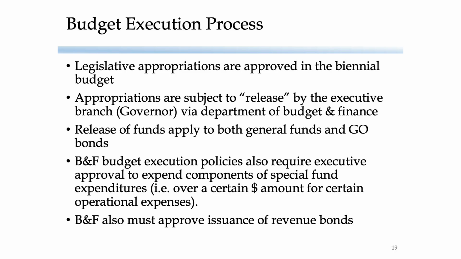The other thing to keep in mind is that it is usual, and I've done it myself when I was State Budget and Finance Director, that the state, the governor, the BNF director will not release the entire appropriation even over the entire year. So in 2025, for the last 2 fiscal years, the Budget and Finance Director has restricted a portion of departmental appropriations, to the tune of about 5 to 10% of the total appropriation, from departments, including the University of Hawaiʻi.